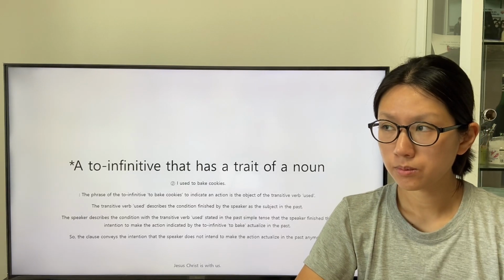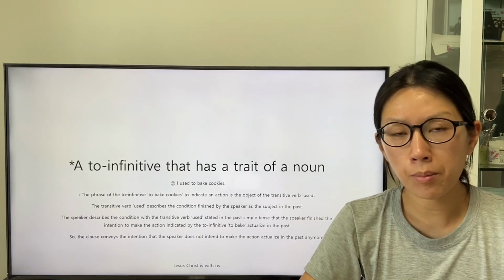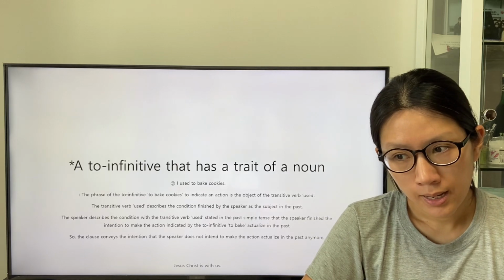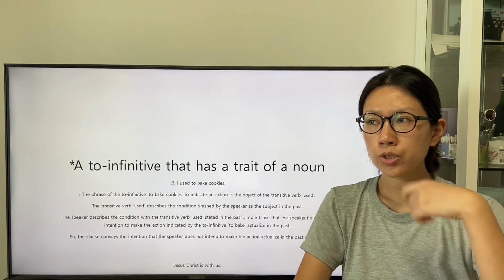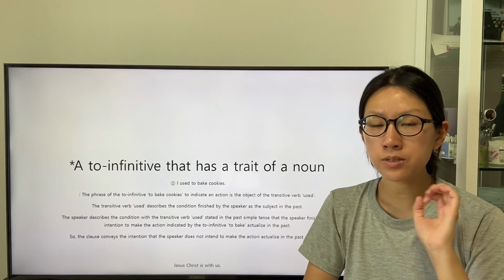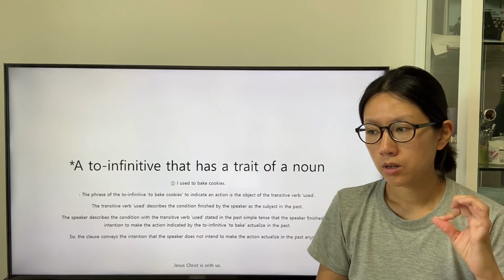We can apply the modal verb should to state the firm determination of the subject or subject including the speaker that became the condition in the past.